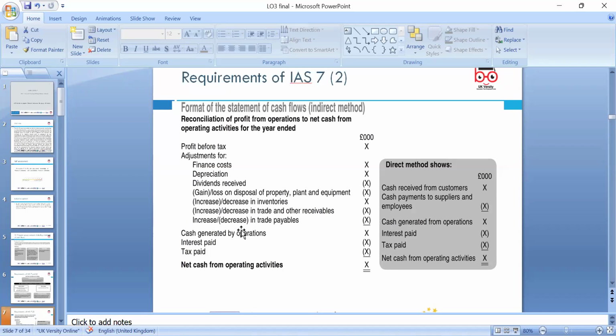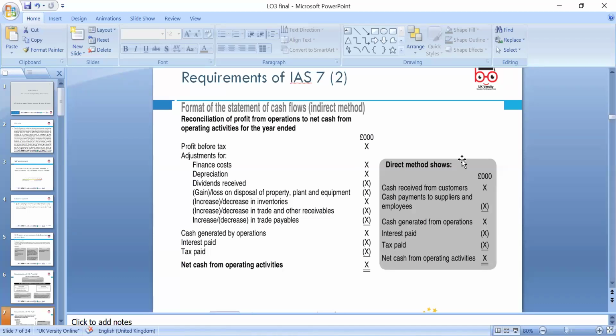So cash generated by operations, less interest paid, which means finance cost, and the tax paid during the year, gives net cash from operating activities. Then we look at investing and financing activities, how much we have.